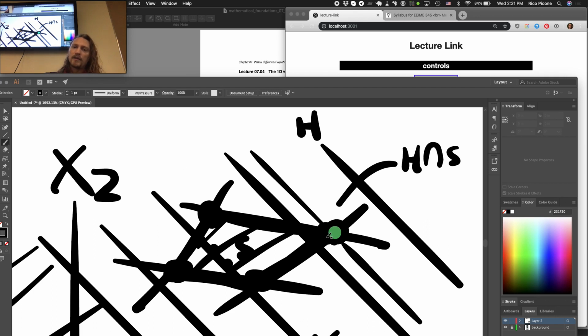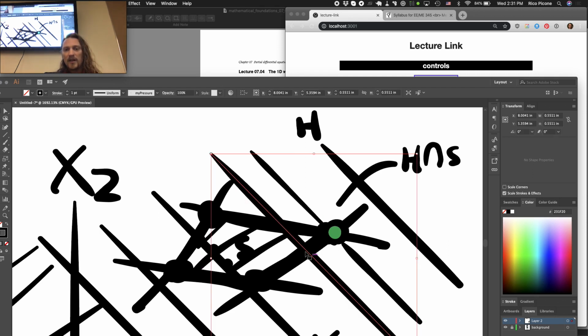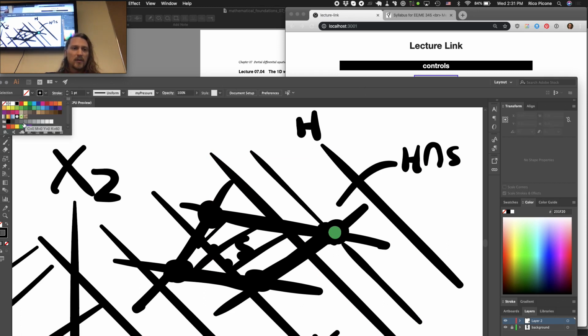Then we have a vertex that is selected. Another possibility is like this H, where the intersection touches an interior point.